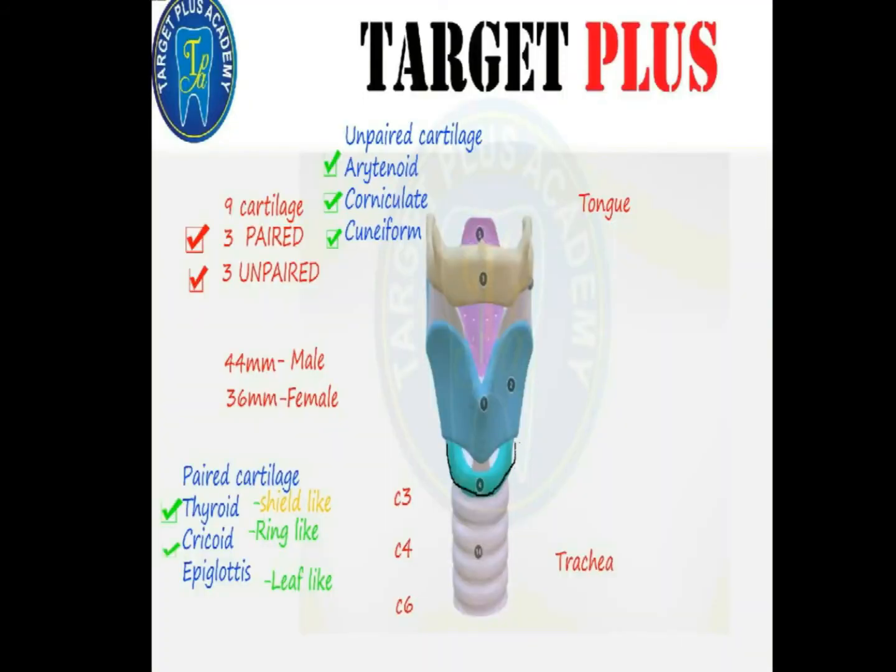Now next comes the cricoid cartilage. This cartilage is shaped like a ring. So you can clearly see this outline showing the ring. And it is a complete cartilage. It encircles the larynx below the thyroid cartilage.